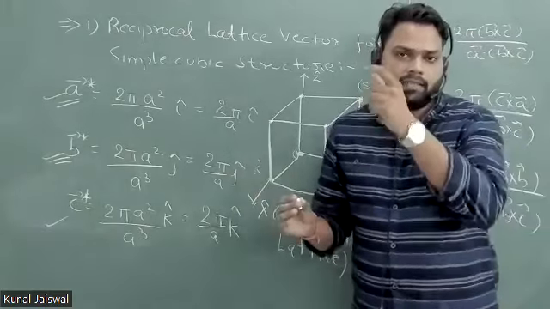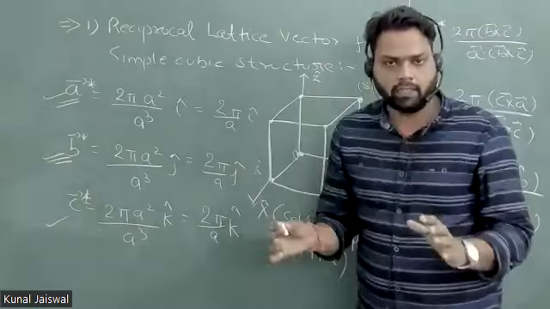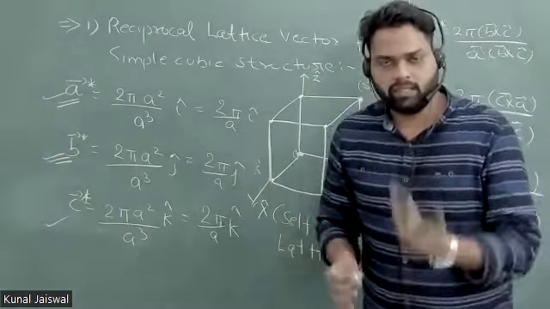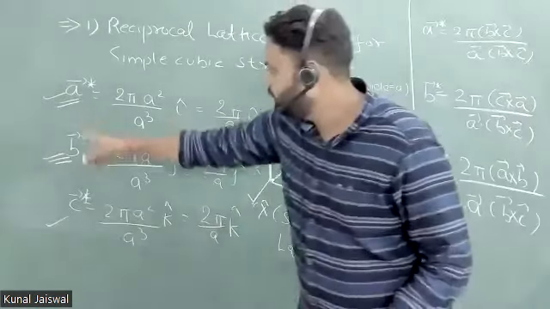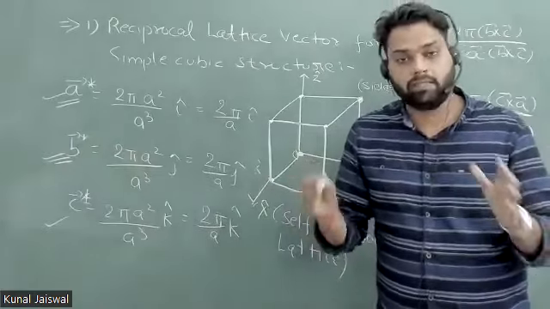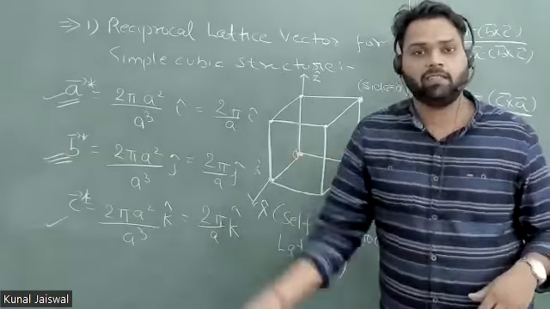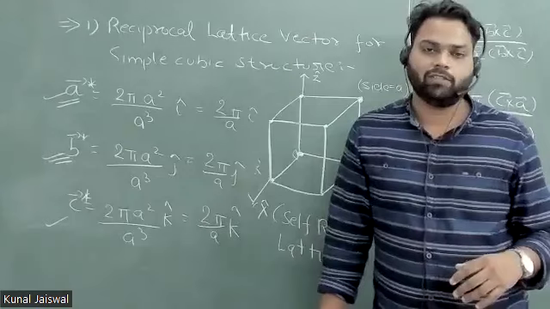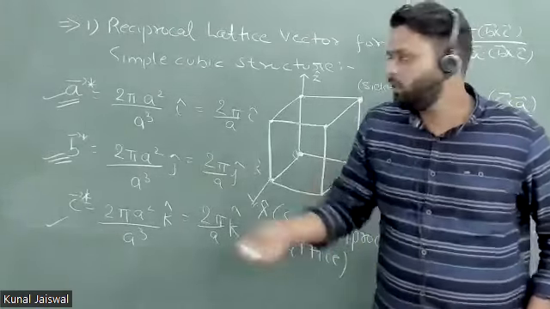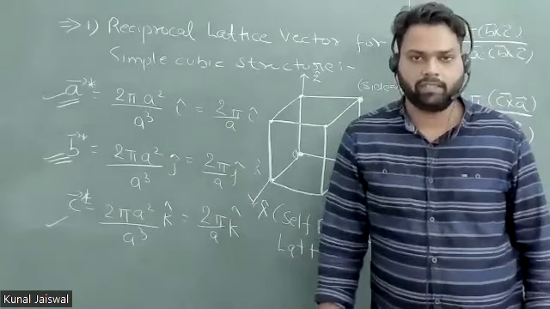With the help of those three lattice vectors, we get a unit cell of the simple cubic. Similarly, with the help of these three vectors, we'll also get a unit cell. But this time it will be in reciprocal space, and it will be called the reciprocal unit cell, which has been formed by the reciprocal lattice vectors.